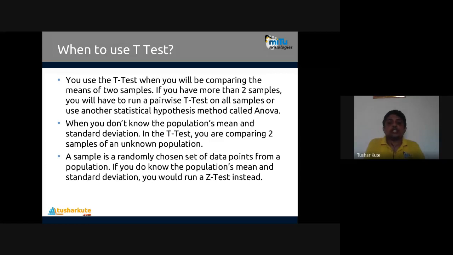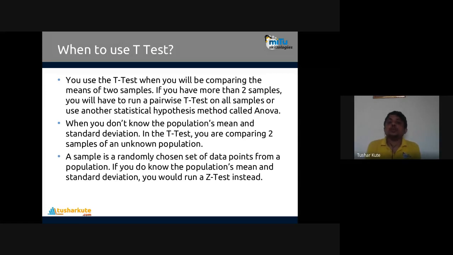When you don't know the population mean and the standard deviation, you use the t-test, comparing two samples of unknown populations. Remember, unknown populations, just like the test data we apply. Train data we build the model, test data we check the model. Of course, cross validation: a similar idea is used over here.